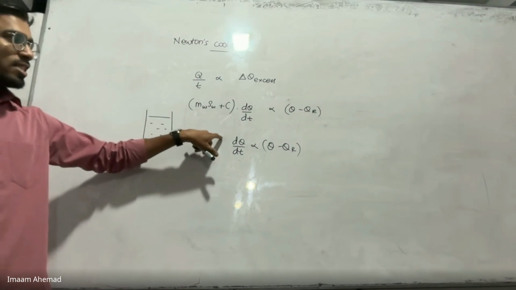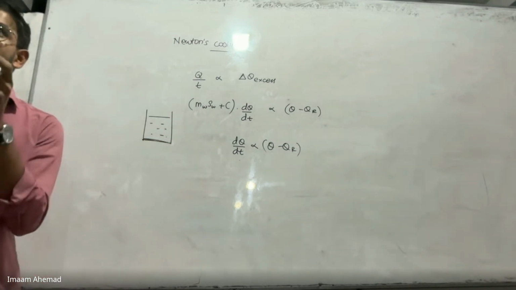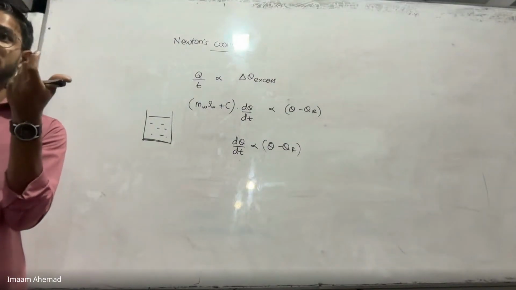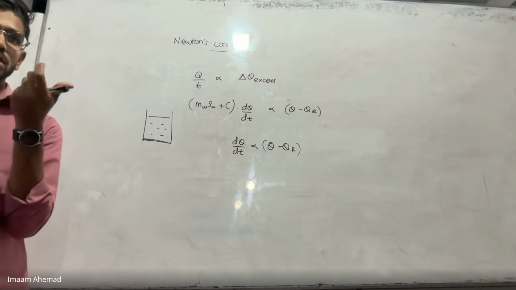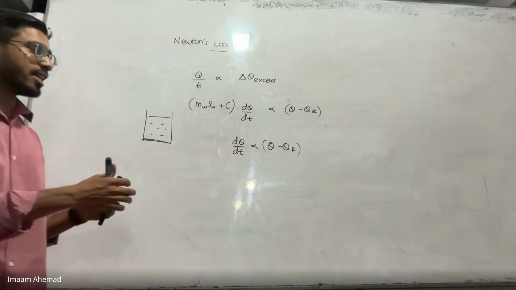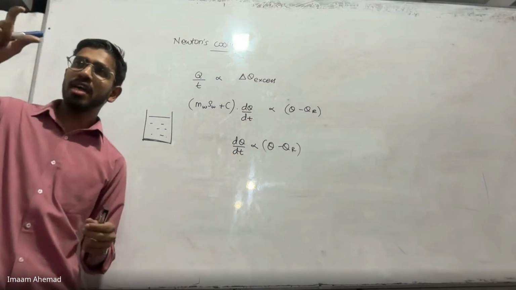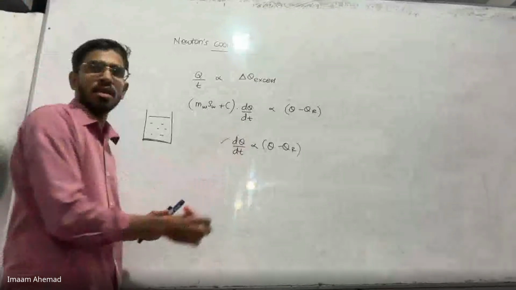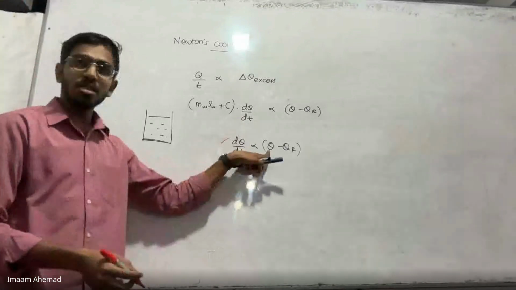So what is delta theta over delta t? That's the temperature difference at a constant time interval. Okay, at a constant time interval, you need to measure the temperature. So if you are measuring temperature at a constant time interval, you have taken this measurement. Is that clear? And you also have taken this measurement.